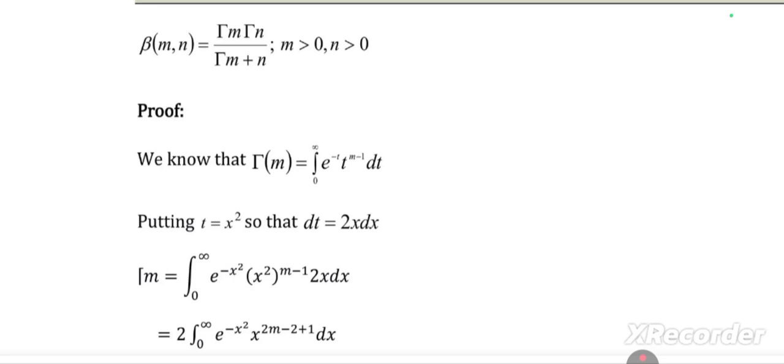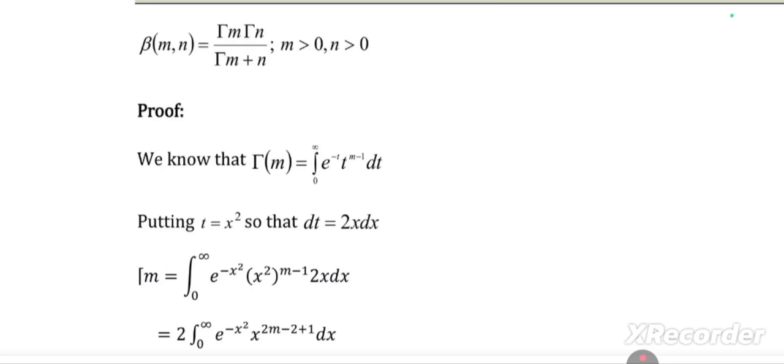So gamma m will become the integral from 0 to infinity of e power minus x square, and in the place of t again substitute x square, whole power m minus 1, into 2x dx.